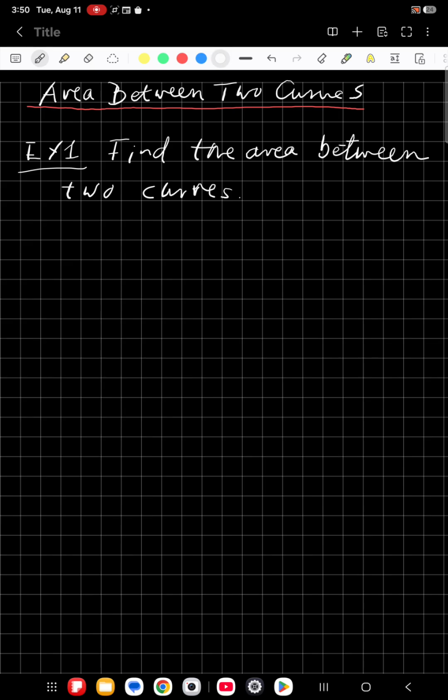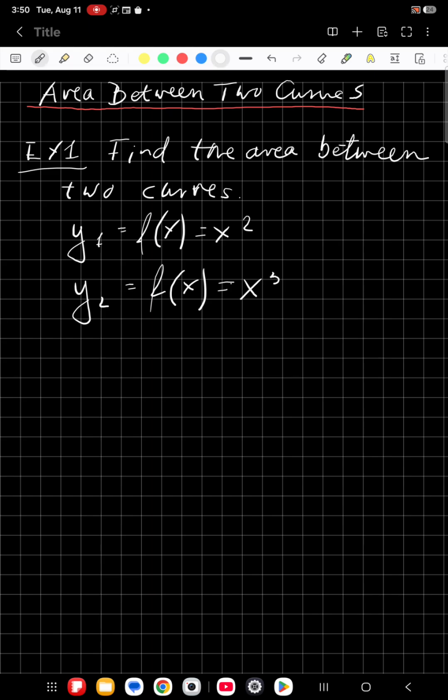So y1 equals f of x, and then we have x squared. So that's the first curve. The second curve, let's call it f of x as well. I'm distinguishing between the two by naming the first one y1 and the other one y2. So the second one is x cubed.